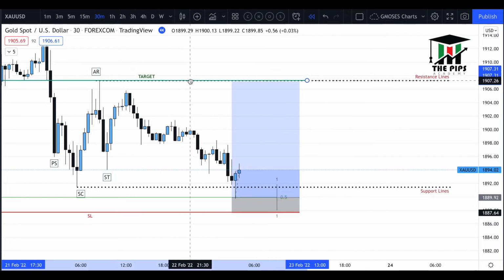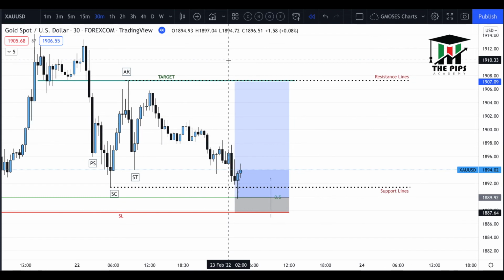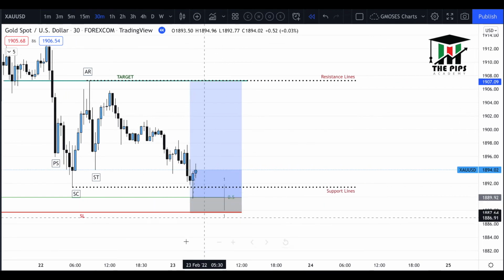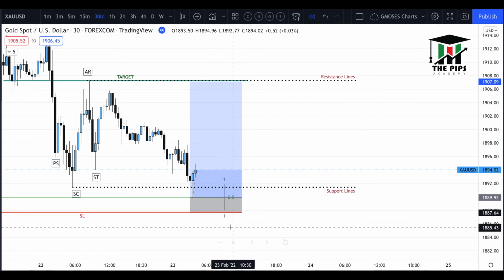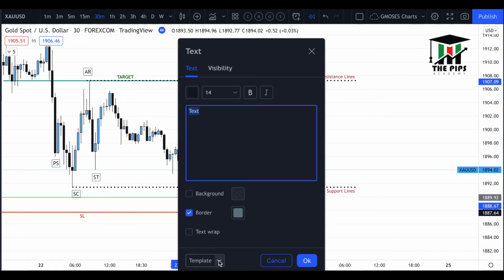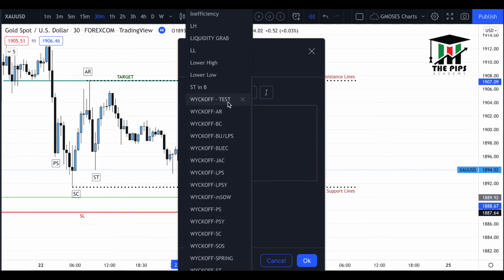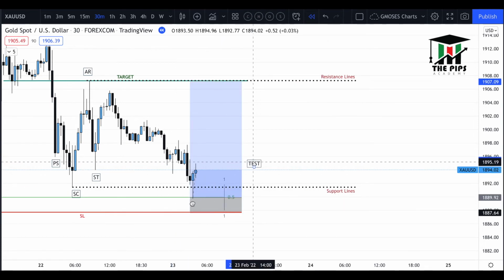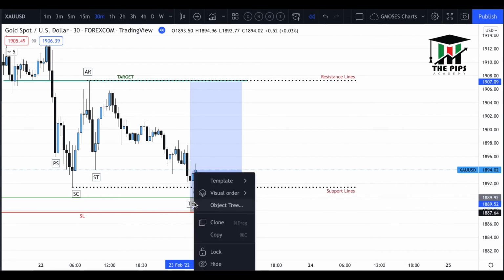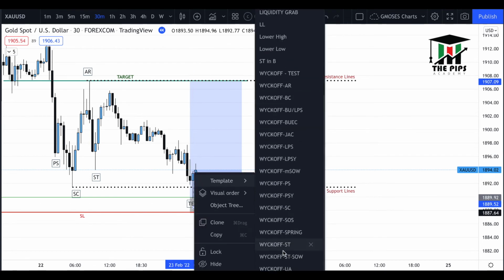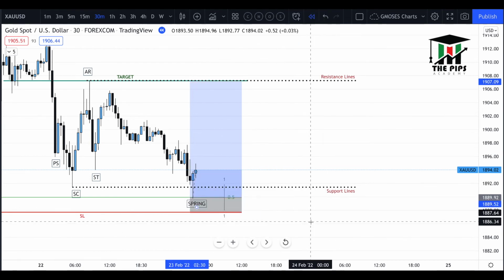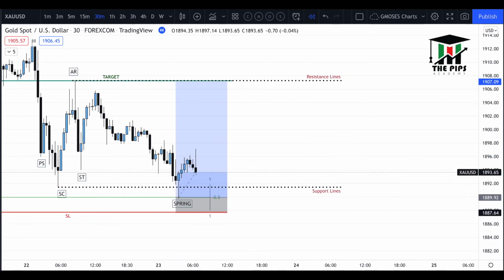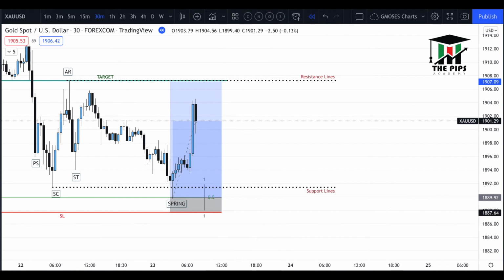which is about 170 pips. And from here, we're probably going to see a test of this spring to let us know that price is ready to give us that rally. Sorry, this is supposed to be the spring here. So we have a spring, and then we should get a test right there. That's our test.